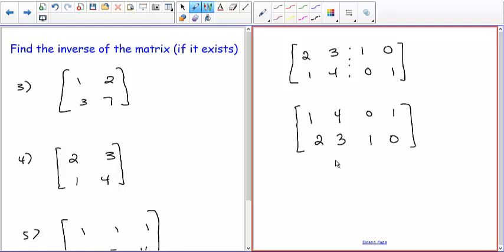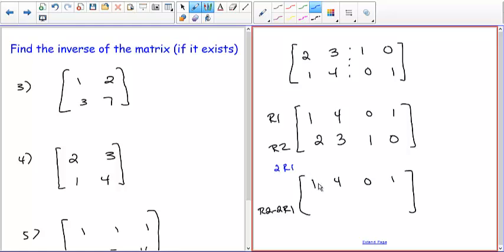Okay, now we're going to take row 2 and we're going to subtract 2 times row 1. So again, this is row 1, this is row 2. We're going to leave row 1 the same because it has a 1 right there, so it's perfect. So let's write out, we need 2 times row 1, 2R1.